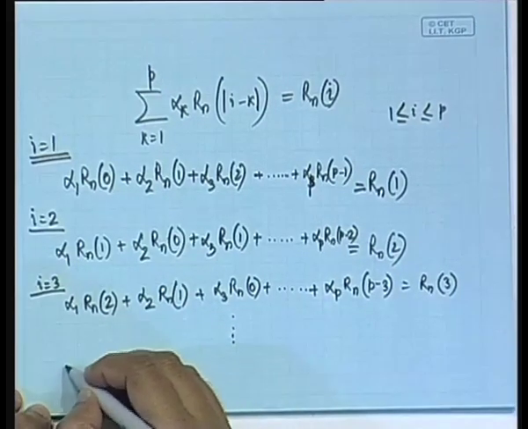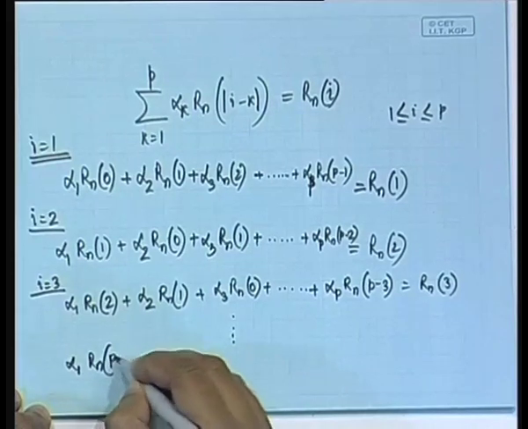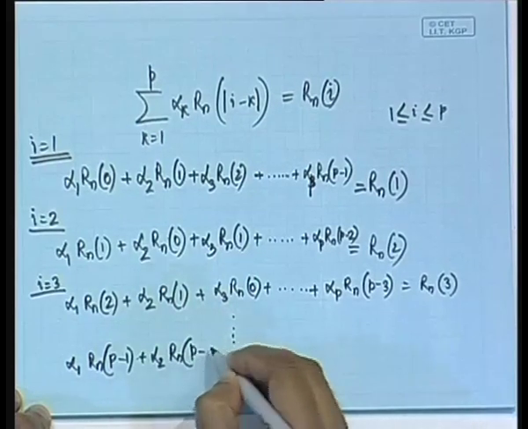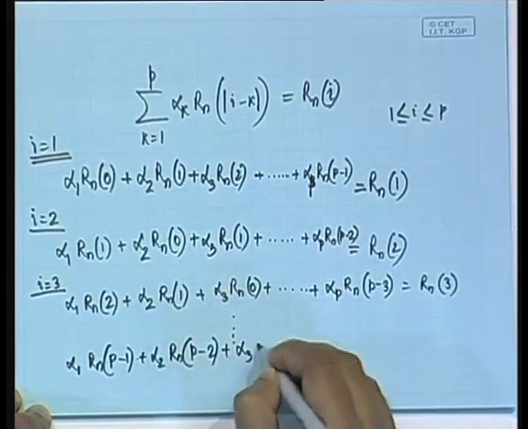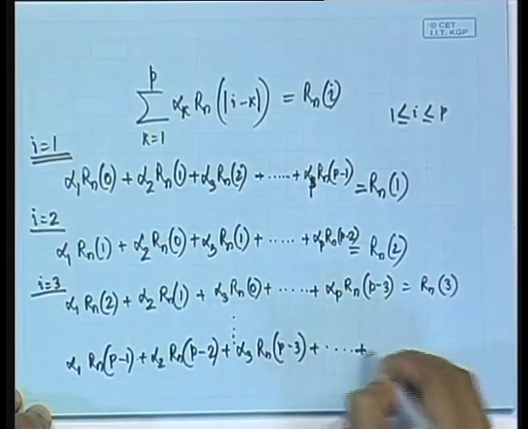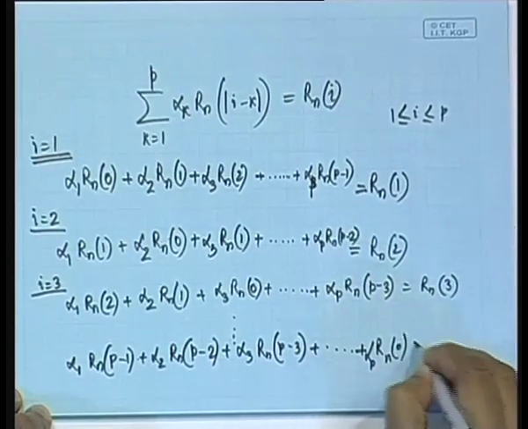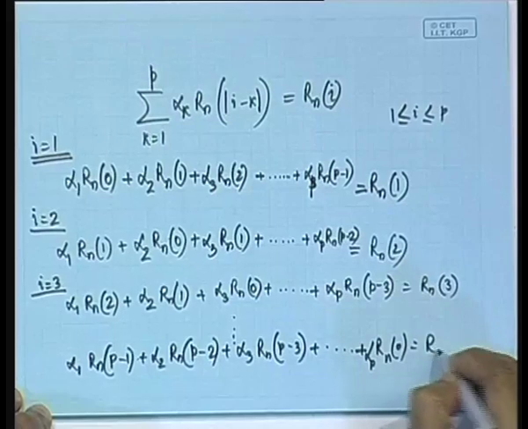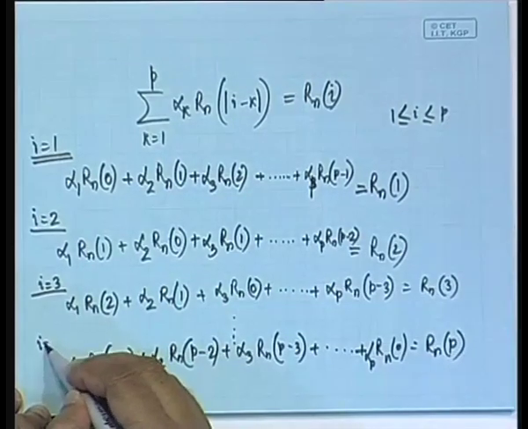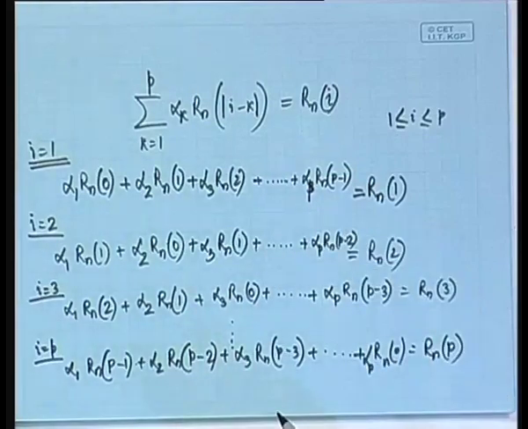The last one will be alpha 1 Rn p minus 1 plus alpha 2 Rn p minus 2 plus alpha 3 Rn p minus 3 plus so on, and the last term will be alpha p Rn 0, which will be equal to Rn p, because in the last expression we have to substitute i is equal to p, right.